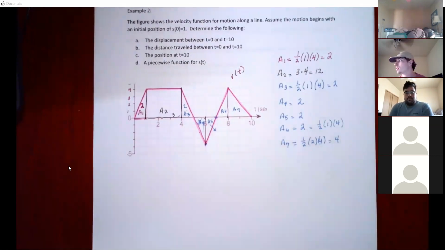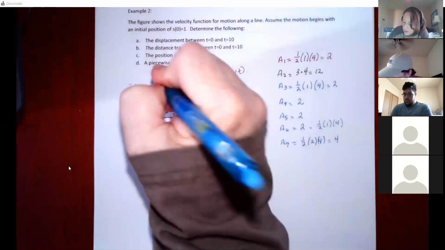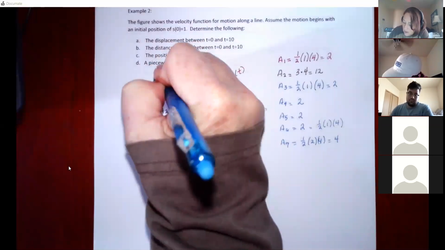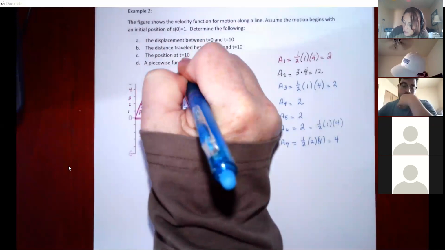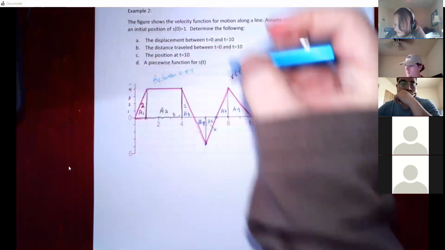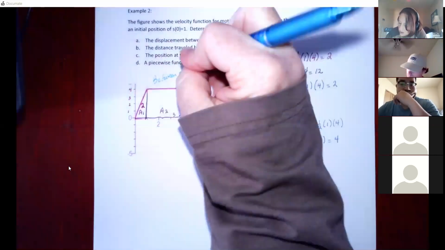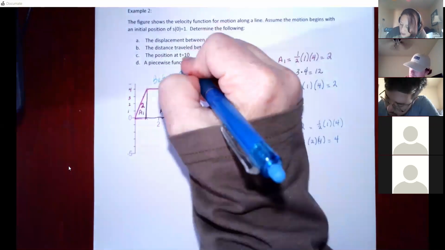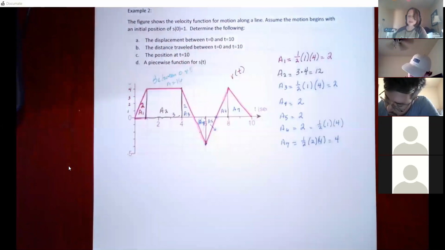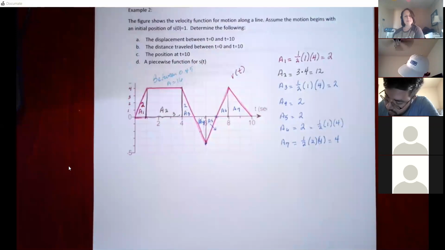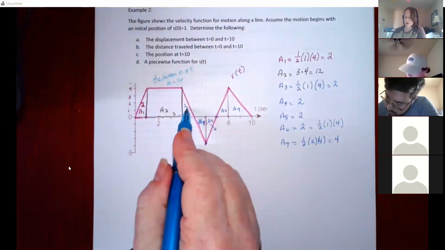So between 0 and 5, the area is 16. Okay. 2 plus 12 plus 2.